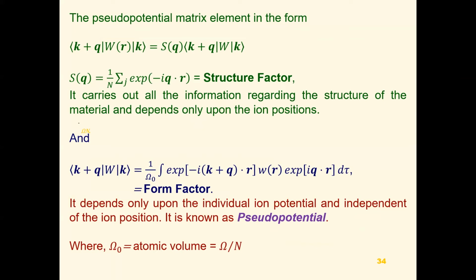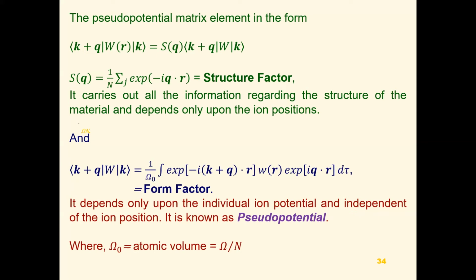Here the S(Q) term is the structure factor, and it carries all the information regarding the structure of the material, and it depends only upon the ionic positions of the material. Finally, when we put the values of this S(Q) in this first equation, the matrix element of the pseudopotential, you can find the pseudopotential equation like that.